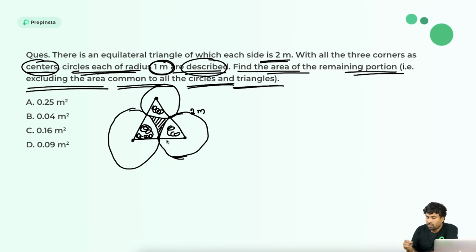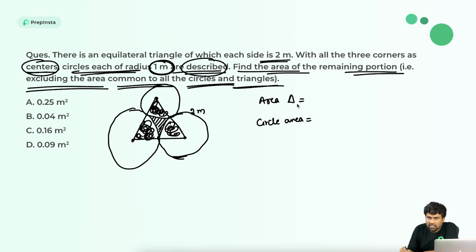So you can say the total area occupied by the triangle, and if you subtract the circles' area within this triangle portion, you will get the remaining portion, right? So here they are indirectly asking to find the triangle area, find the circles' area and subtract them. That's it. So let's do that.